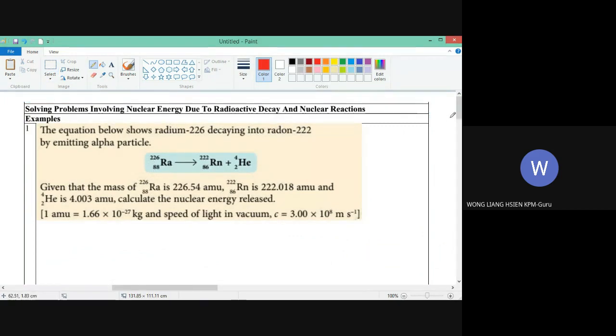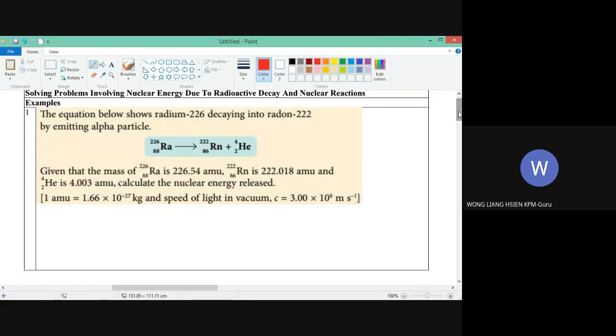Solving problems involving nuclear energy due to radioactive decay and nuclear reaction. So let's look at the example.